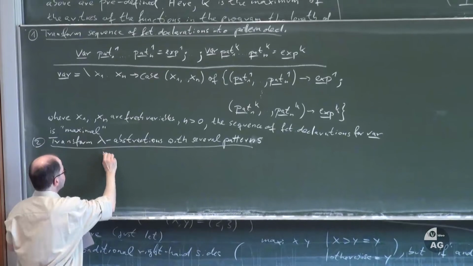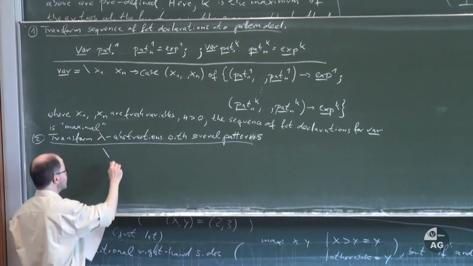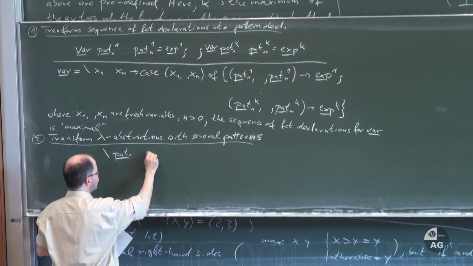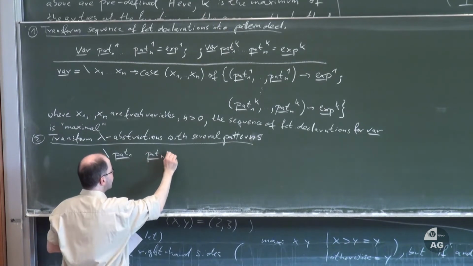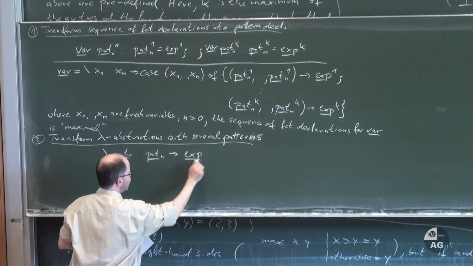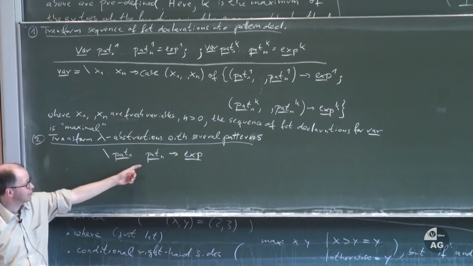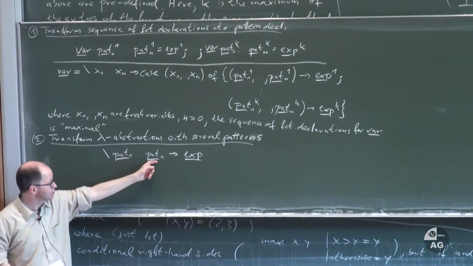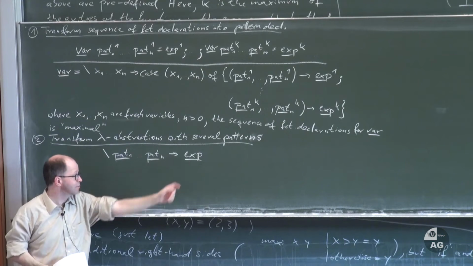So if you have a lambda abstraction like this, you first wait for pattern 1, and you wait for pattern 2, and you wait for pattern n. And this is mapped to some expression x. So this is a function taking n arguments. The first one must be matched by pattern 1, and the last one must be matched by pattern n. And then this is the result.